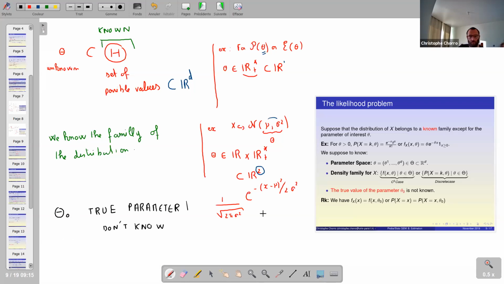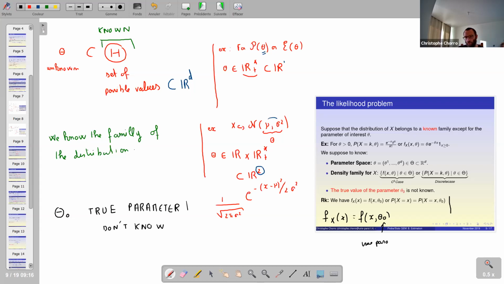Just keep in mind that if I want to find the density of capital X, first of all, I know that this density belongs to this family in the continuous case or this family in the discrete one. I know that among all the possible candidates, theta 0 is the true parameter. So with my notation here, the density of X is just this quantity with the true parameter.